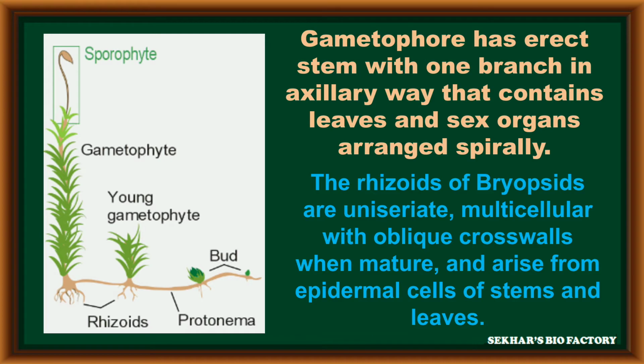In the structure of its gametophyte, rhizoids are developed. These are uniseriate, multicellular, with oblique cross walls when matured. Such rhizoids are developed from epidermal cells of the stem and leaf.